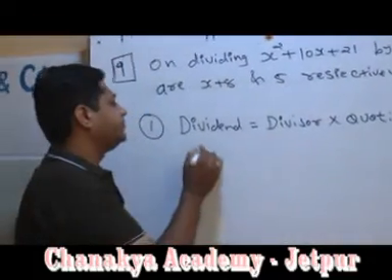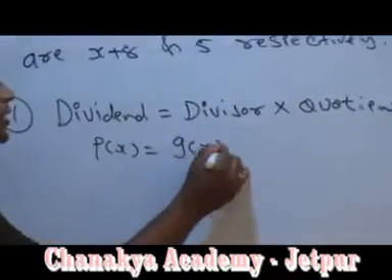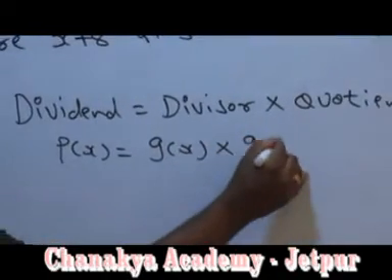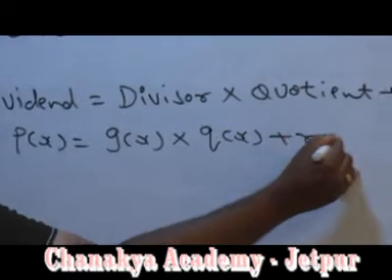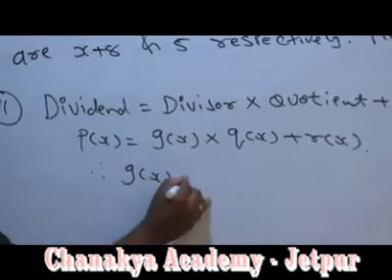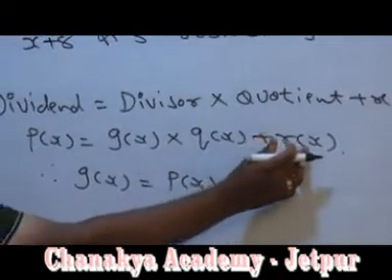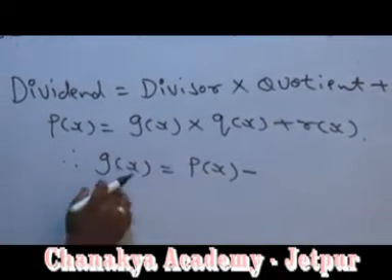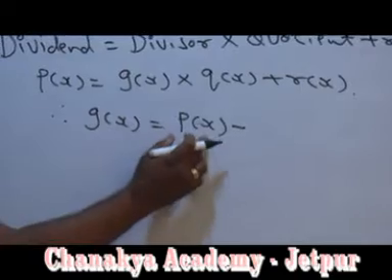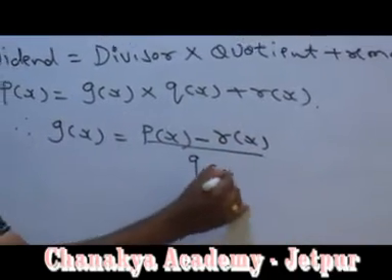Symbolically we are writing p of x equal to g of x into q of x plus r of x. Therefore, taking r of x to the right-hand side, we get g of x equal to p of x minus r of x divided by q of x.